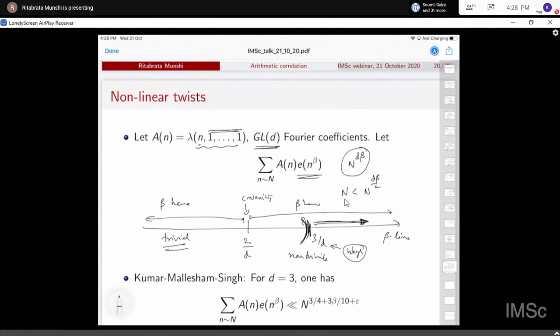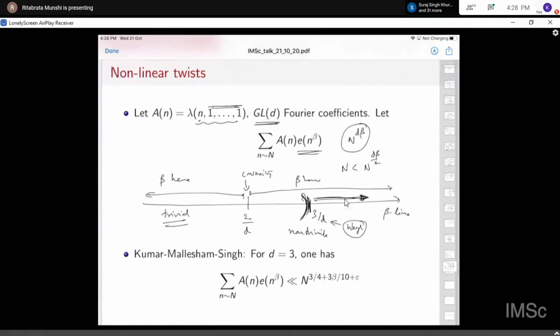For GL3, we do not know that much, but there is a recent result due to my student and postdocs and my former postdoc. They get a non-trivial result for d equal to 3. So their beta goes up to 3/4 plus 3 beta by 10. So this is the bound. So you get a non-trivial bound for beta less than 5 by 6.